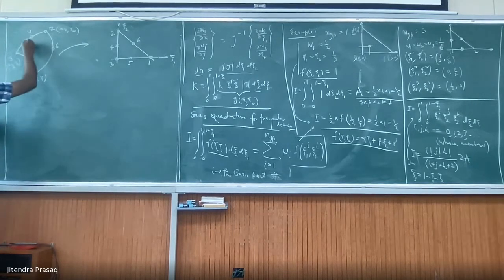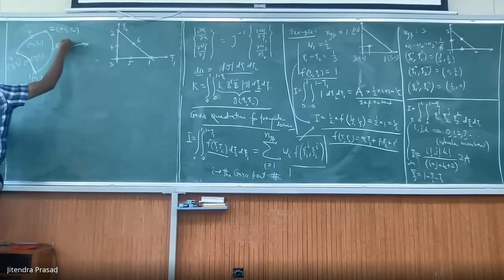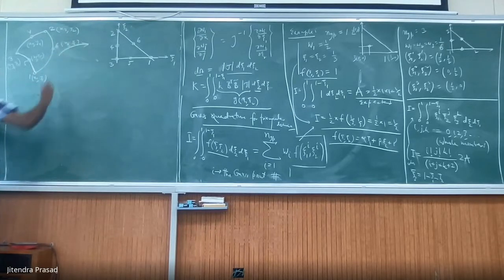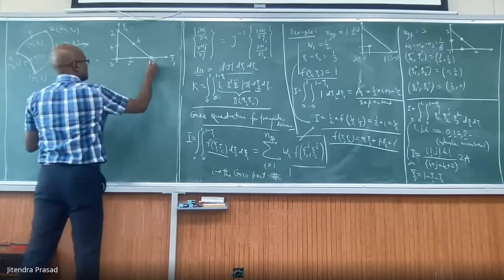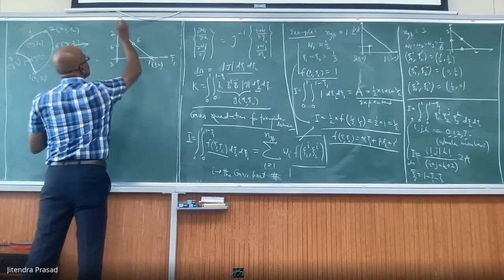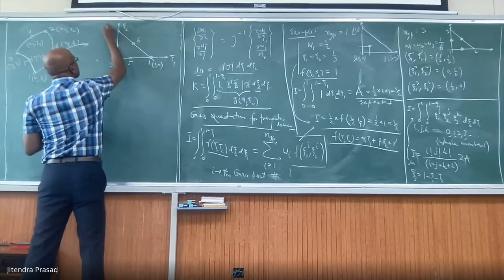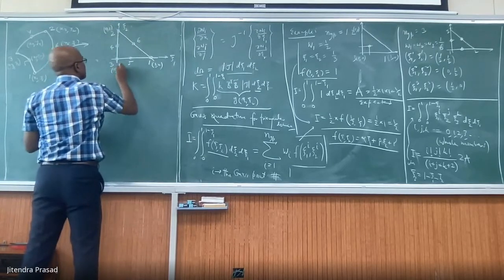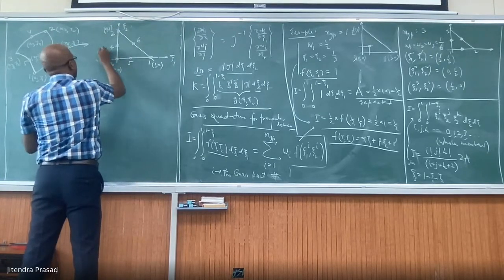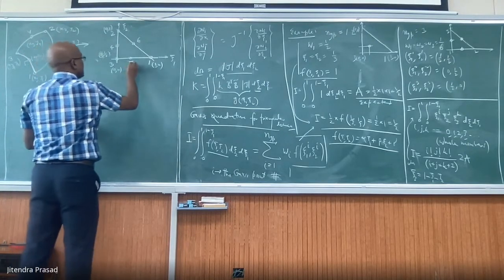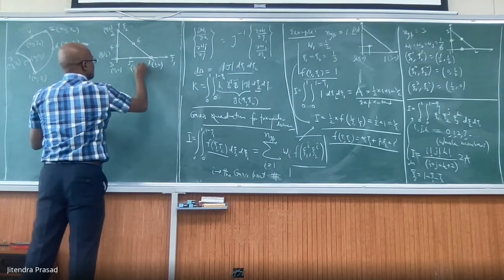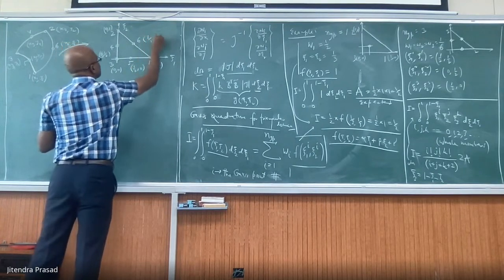So you have x4, y4, x5, y5, x6, y6, and similarly here you have 1 0, then 0 1, 0 0, then half 0, 0 half, this one is half 0, and half half.